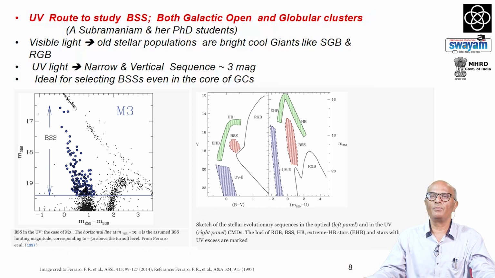If you keep the x axis the same, that is visual magnitude, but instead of B minus V we plot an ultraviolet color, then we see immediately that the region occupied by blue stragglers extends quite a bit, by a factor of 3 it gets enlarged. The structure of the horizontal branch becomes very different.